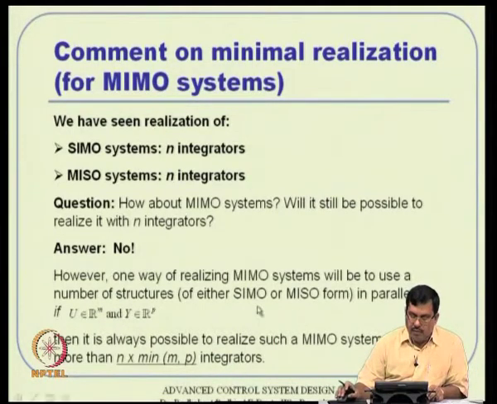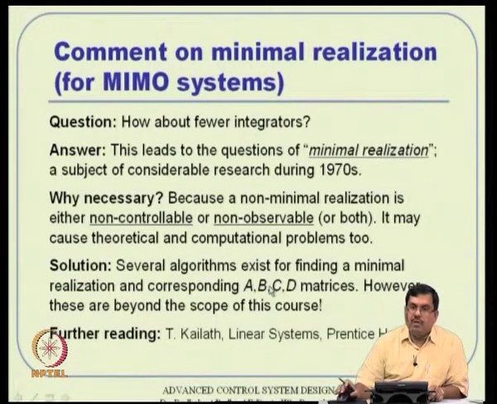So, it is a lot of computation. Can we avoid too much computation? That is one thing. But more important, we will also simultaneously lose controllability and observability, which is even worse.